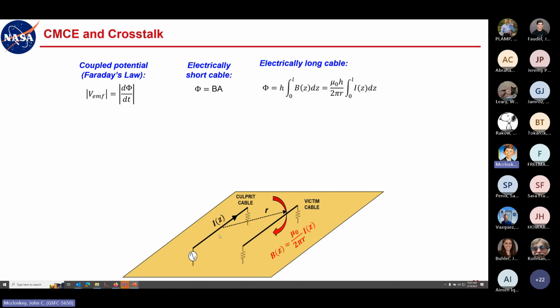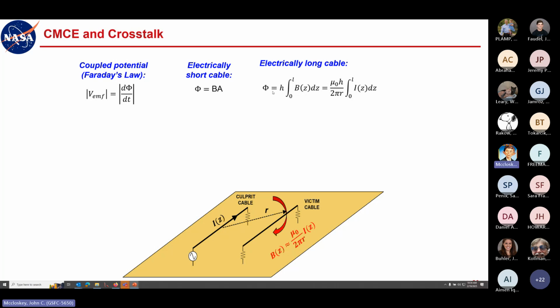So the current will have some variability over the length of the wire, and so the magnetic flux will, to first order, have that same variability over dimension Z.